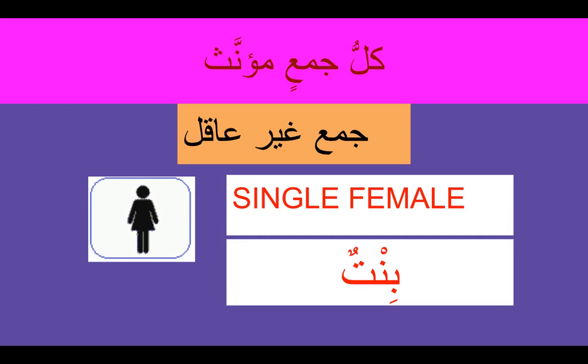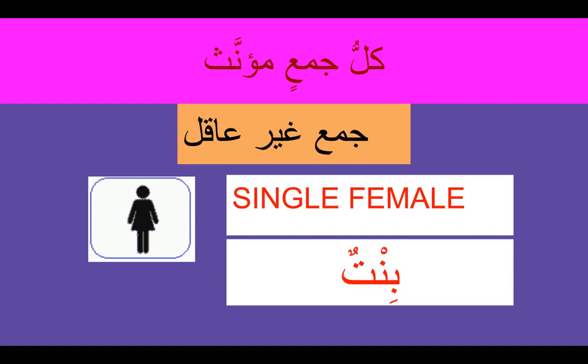Why do you look so worried?" He said, "Oh king, we are being attacked by a big army." The army in Arabic is called jundun, but it is also called jam'un. Jam'un means a group. So instead of jundun, he uses jam'un. We have been attacked by a big jam'un.